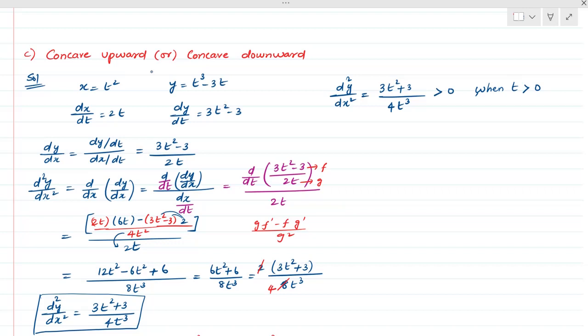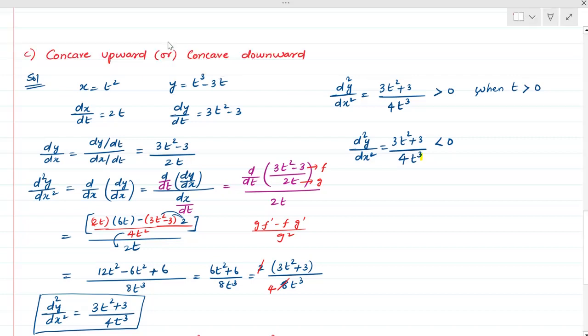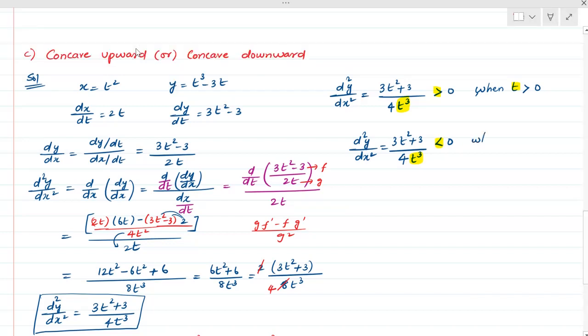Similarly, the second derivative is less than 0 when t is negative. You can ask why it is negative: because of the cube here, it becomes a negative value. Therefore it is less than 0. Here both are positive, that's why it is more than 0, when t is more than 0.